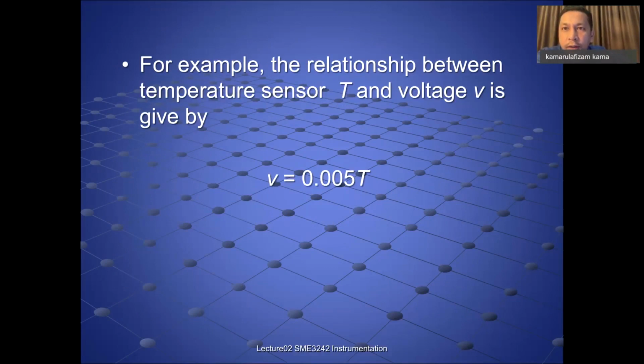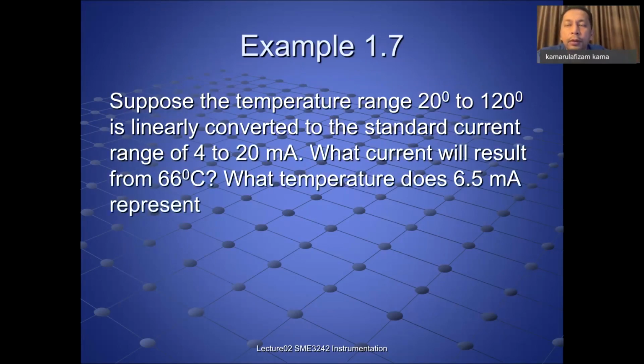You have voltage and T is temperature, so there's no time, meaning that in any given day, month or year, this equation still holds. When you give that particular temperature, you will have that particular voltage output straight away. There is no time influence in this static system.